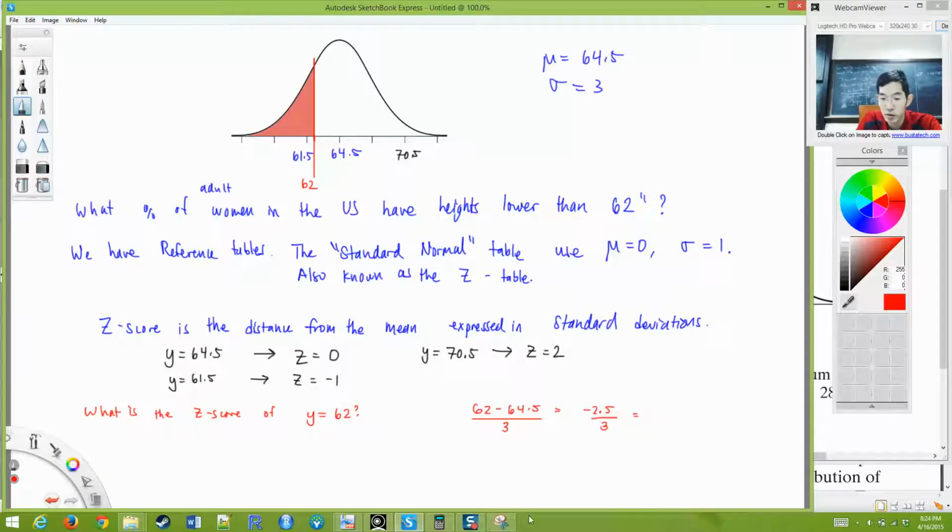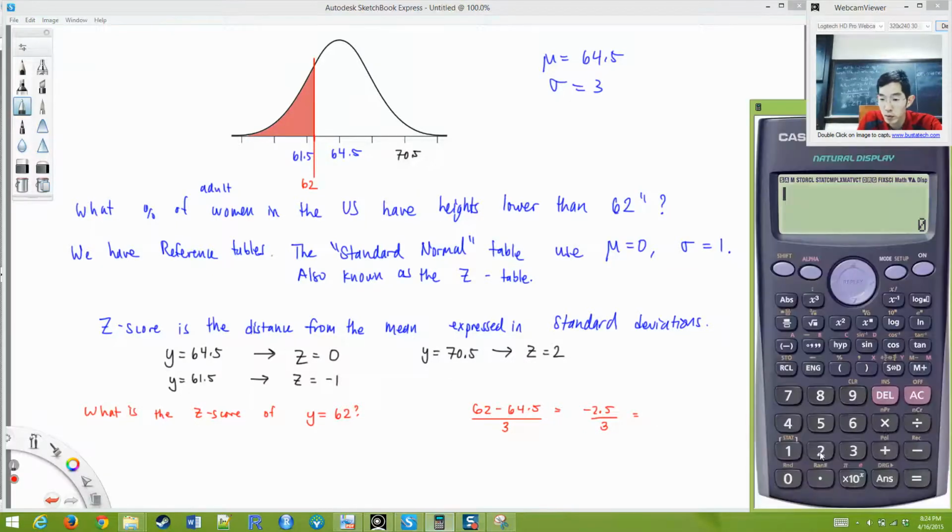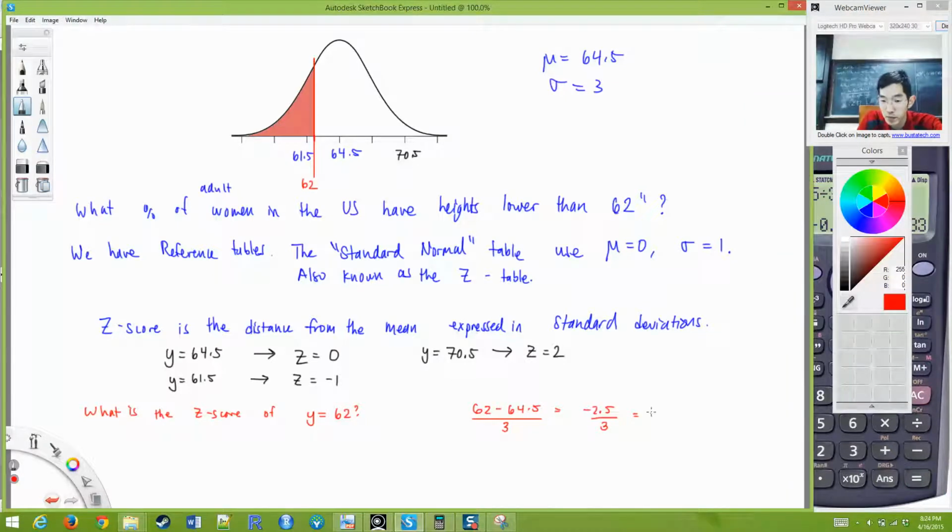And so -2.5 over 3 gives me -0.83333. Okay, so this z-score is -0.8333.